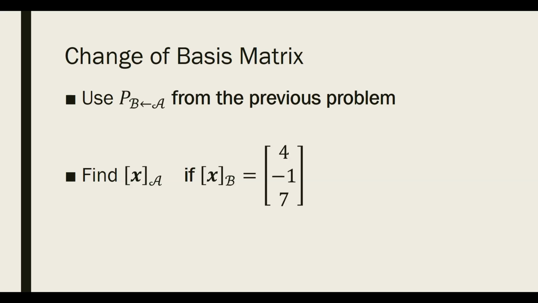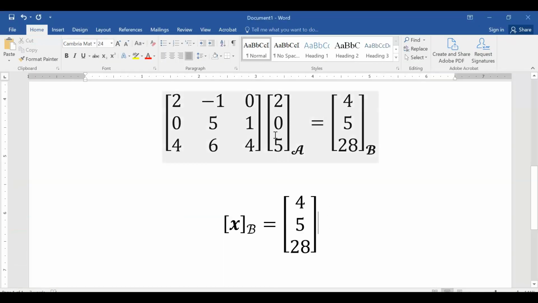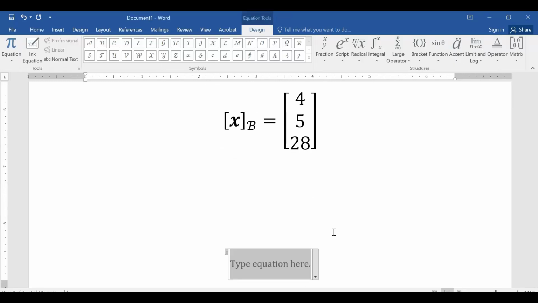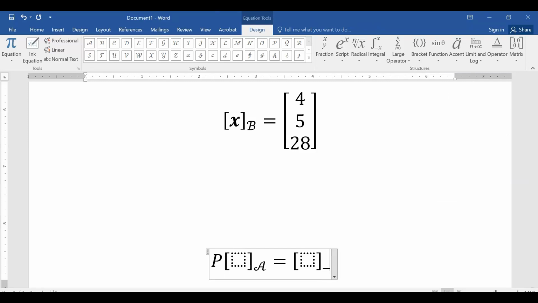Well, it's a pretty straightforward observation that we have a matrix P, which when I multiply it times a vector written with respect to basis A, I get out a vector written with respect to basis B. So pretty obvious that if I want to go from B to A, there's a couple of ways.